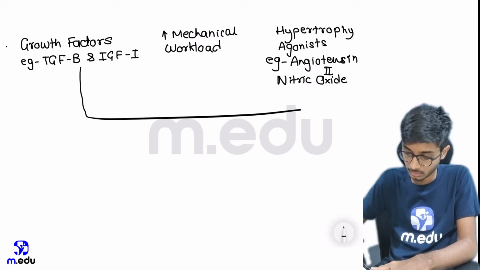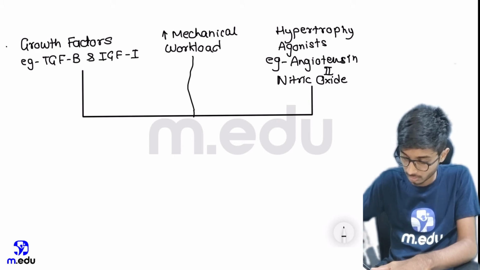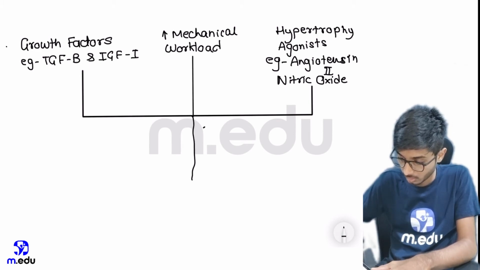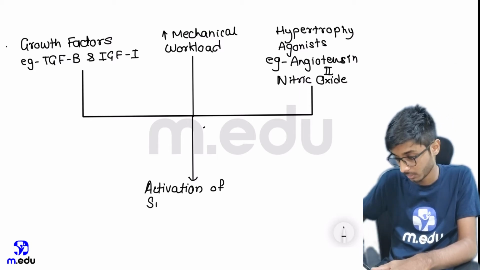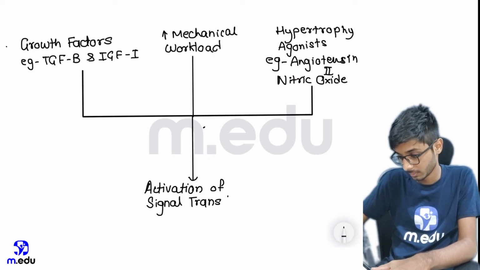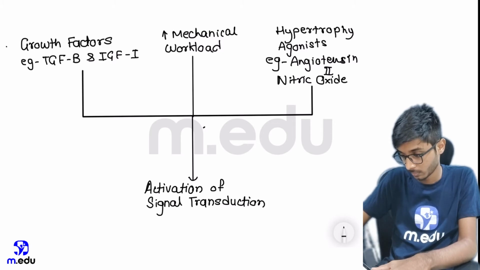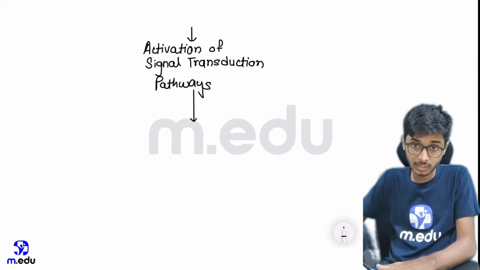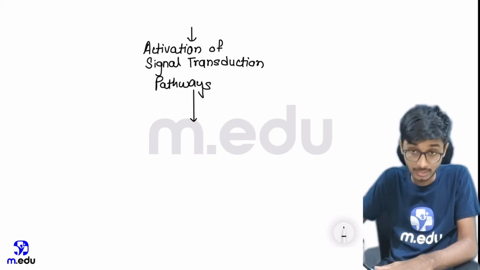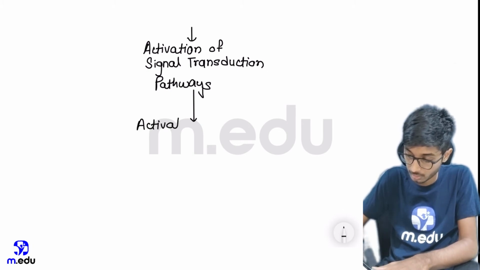So what happens is these factors together cause the activation of signal transduction pathways. Now, the activation of these signal transduction pathways will result in the activation of transcription factors.